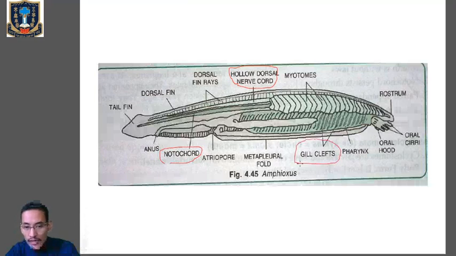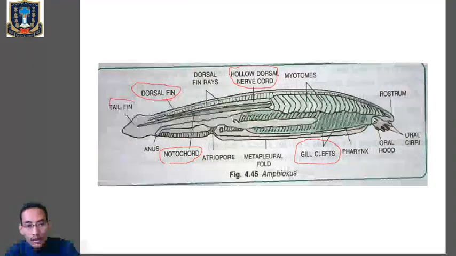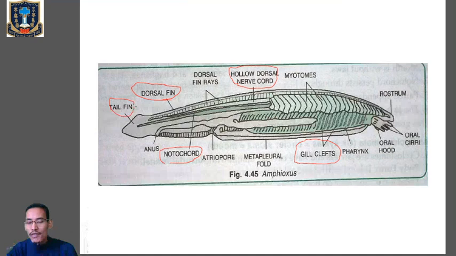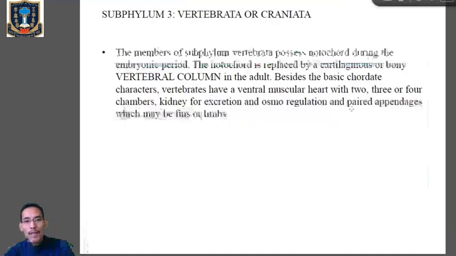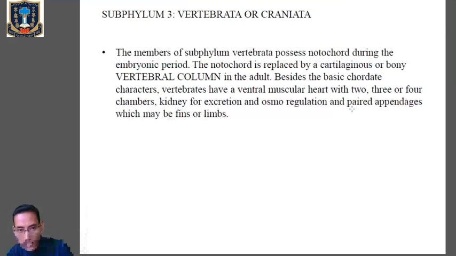Then we mentioned that the tail is present and the dorsal and anal fins are also present. So we can see the presence of dorsal fin and anal fin or the tail fin in case of Amphioxus. Clear? Okay. Now let's go to the next subphylum, which is subphylum Vertebrata, also called the subphylum Craniata.